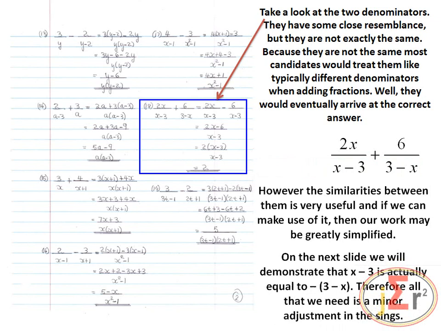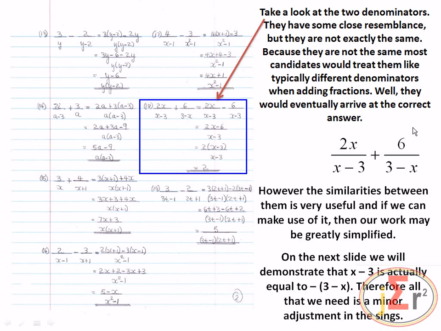On the next slide, we will demonstrate that x minus 3 is actually equal to the negative of 3 minus x. Therefore, all that we need is a minor adjustment in the signs.